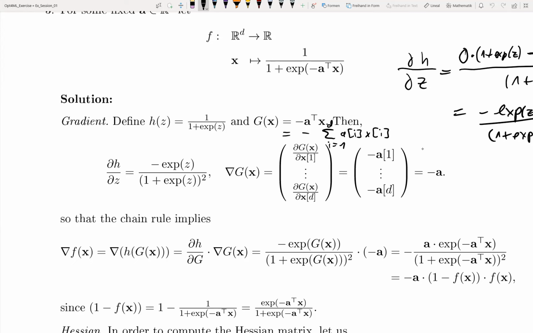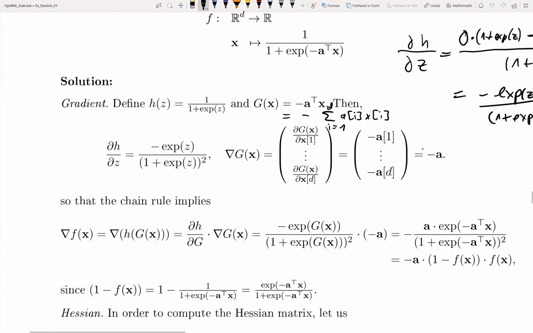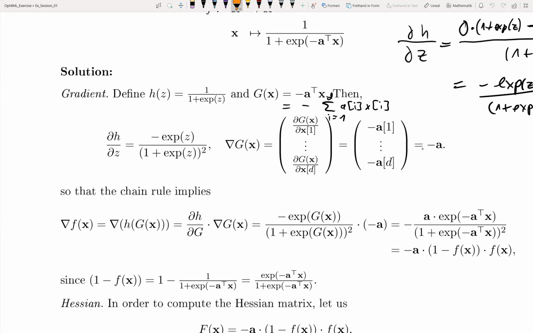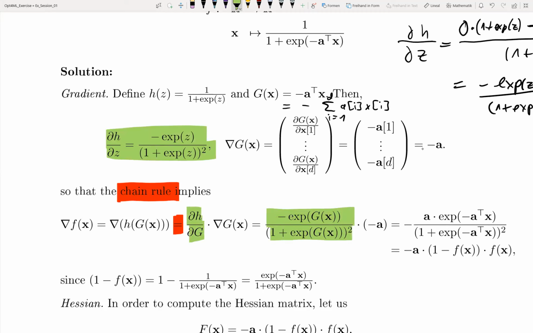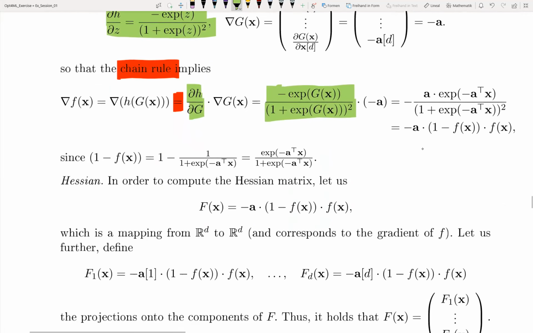All right, then we can again apply the chain rule. Here we have this thing here. We plug in for the z the inner function. Should I scroll it up? Oh, all right.